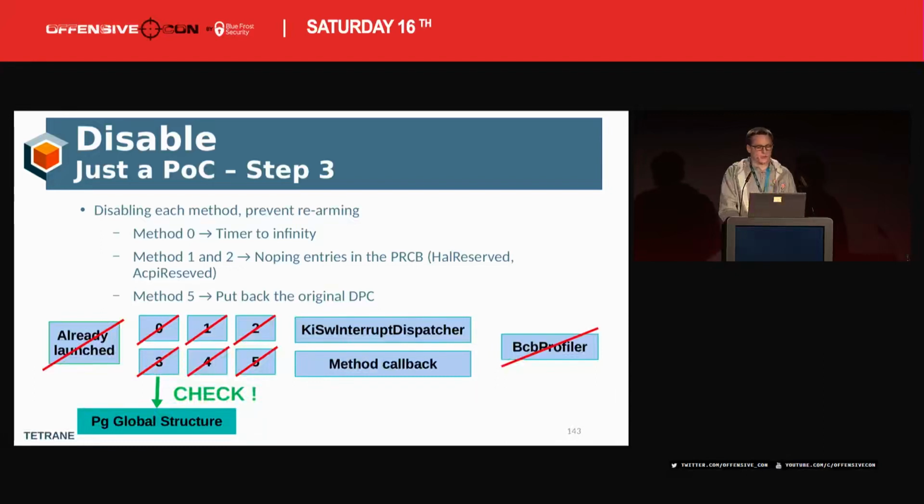So at this point, it's basically open bar to modify this PatchGuard context structure. You just have to find a way to modify it so that the other methods are not launched. By the way, you can also modify it so that you can protect your code if you want. I didn't detail it, but basically it's open bar, so just have fun with it.